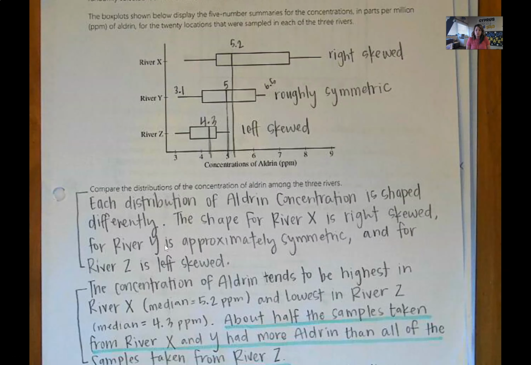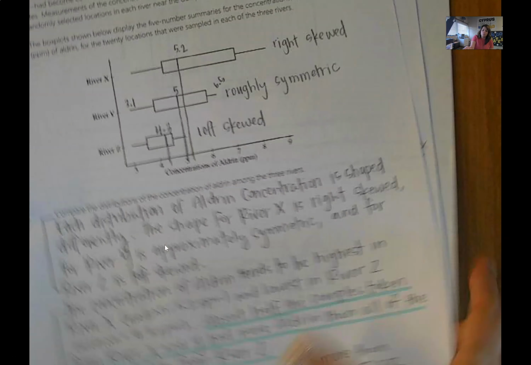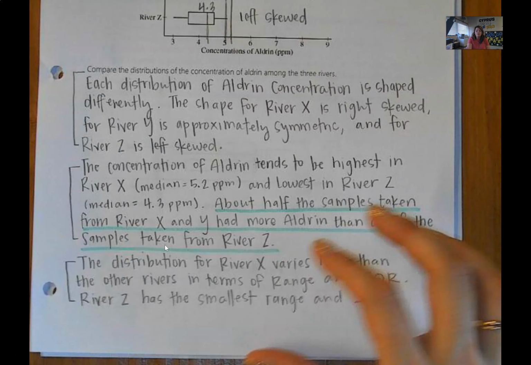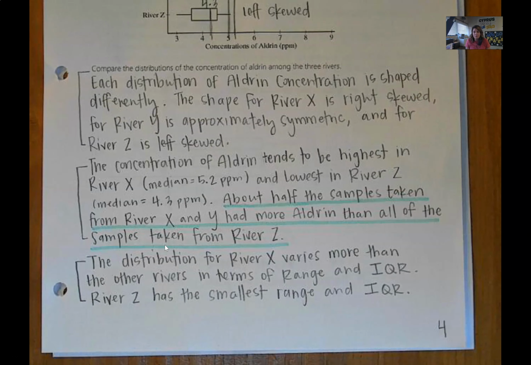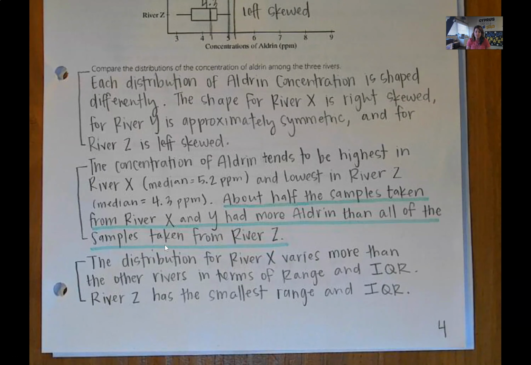Okay, so you're really going to want to use this as your framework or like a good example of how you want to compare box plots. The only thing that would make my response better is if I had specific values. So first I address shape. Each distribution of Aldrin concentration is shaped differently. And notice I'm being very specific.